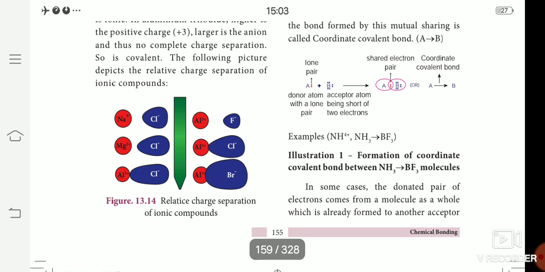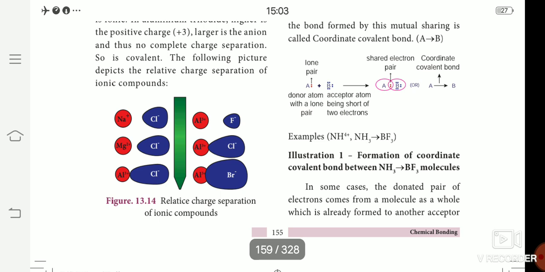So the ionic compound shows covalent character. This rule is used to predict whether a chemical bond is ionic or covalent. So some differentiation of ionic and covalent compound.